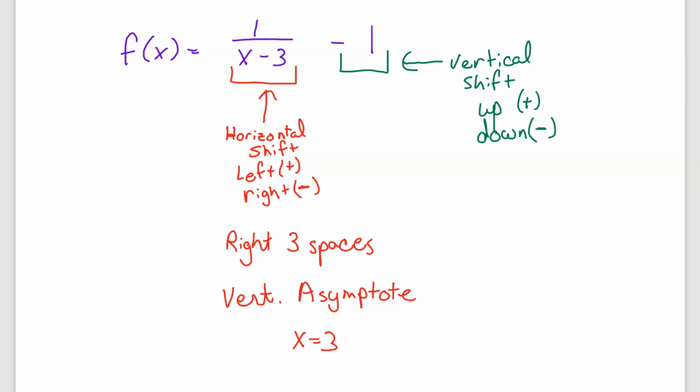If it was negative, we would move it down. So in this particular case, we're going to move down 1 space. So our horizontal asymptote is now going to be at y is equal to negative 1, because we're shifting the entire rational function down 1.